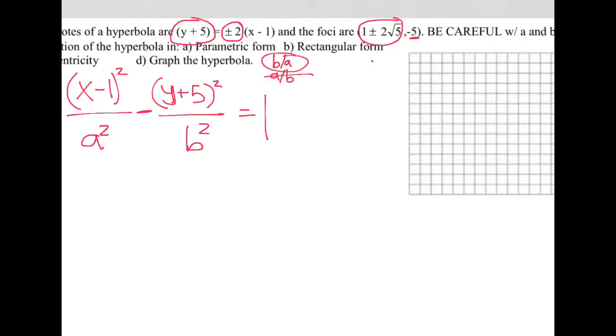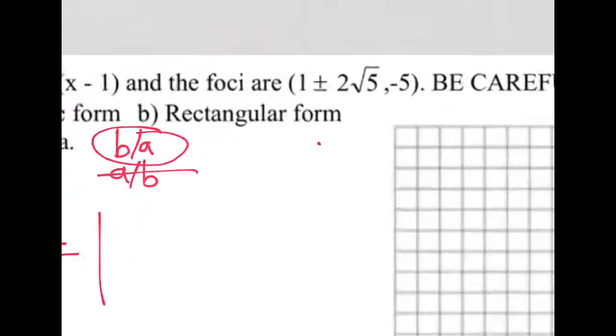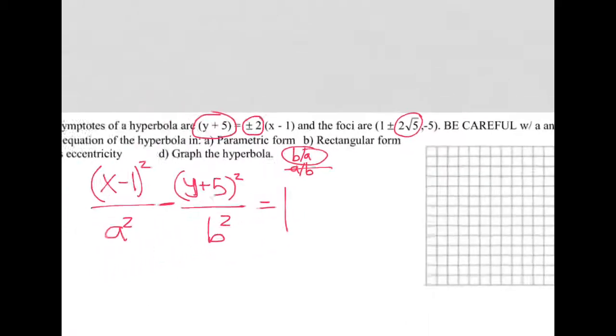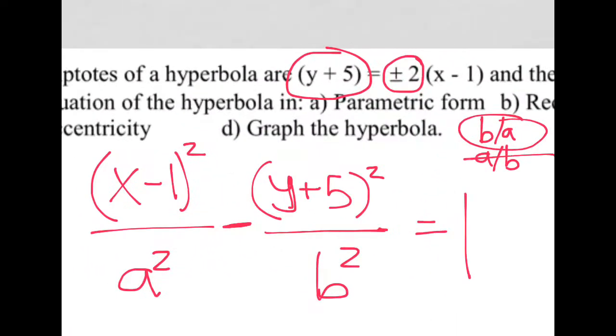But here's the problem. You need to be very, very careful with this, because let's look at this bit right here. The fact that I am adding and subtracting 2 times the square root of 5 from the center point there, 1 comma negative 5, verified over here as well with the 1 and the negative 5 right there, if we take the opposite of each.